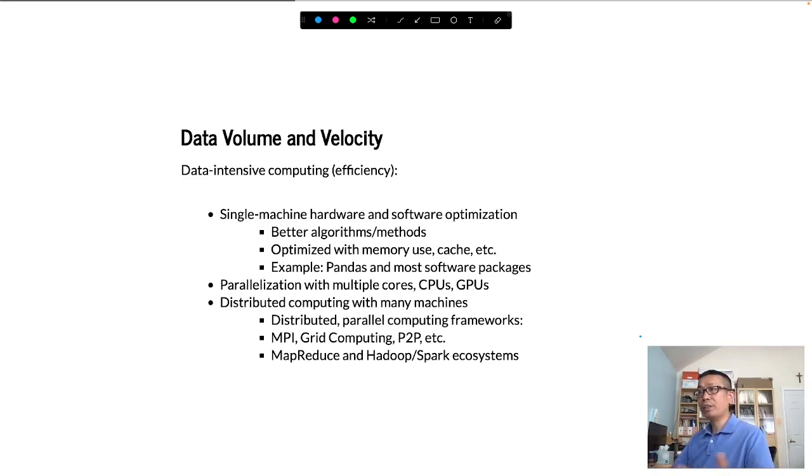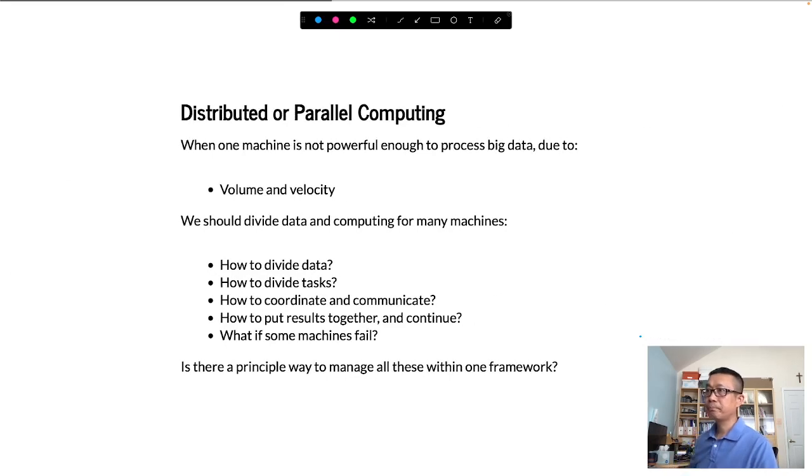You may also have to use a large number of computers, more than one computer, and distribute the task on many machines. And so in that case, you need parallel computing frameworks. Traditionally, we have MPI, we have grid computing, we have peer-to-peer computing. Lately, we have MapReduce, we have Hadoop Spark ecosystems, and we're going to get into some of these later.